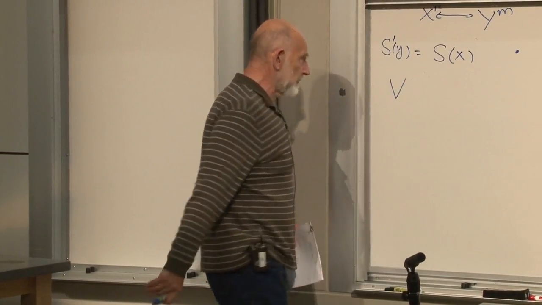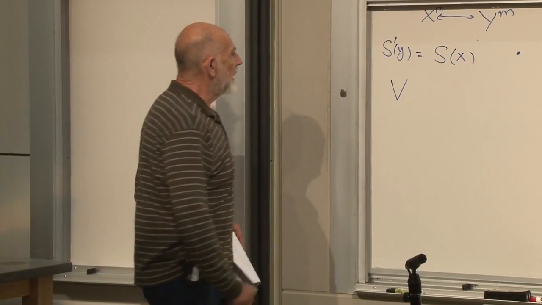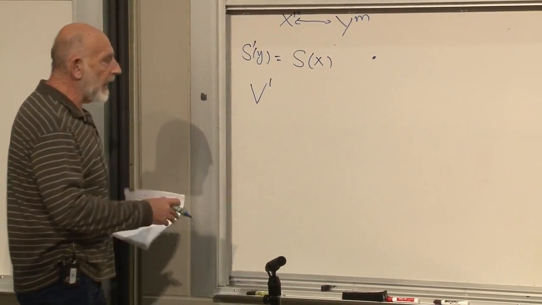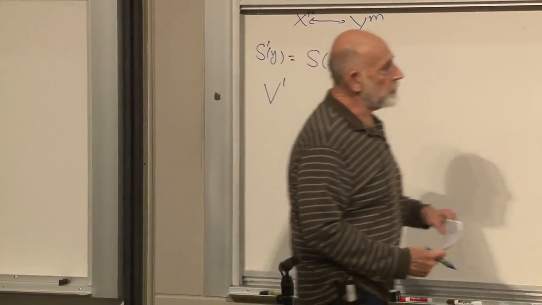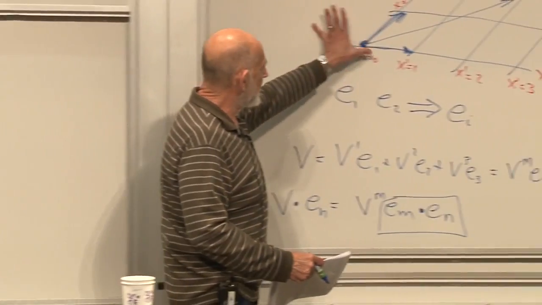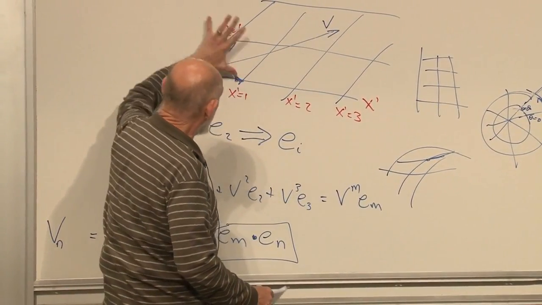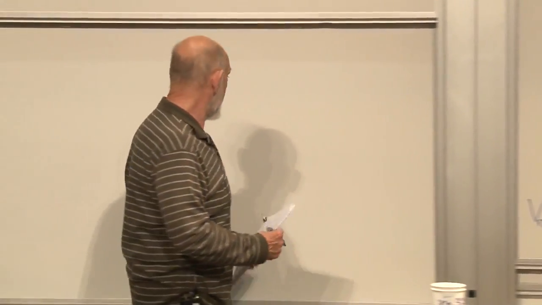V is some vector. It has contravariant components in the y coordinates and in the x coordinates. If I change coordinates on here, keeping the vector fixed, not going to change the vector, but change the coordinates, I will change its components, clearly.